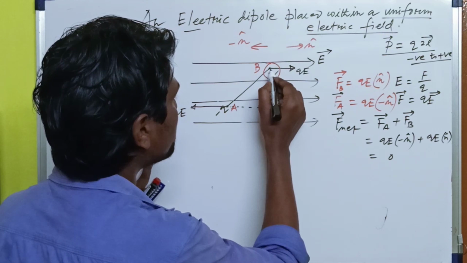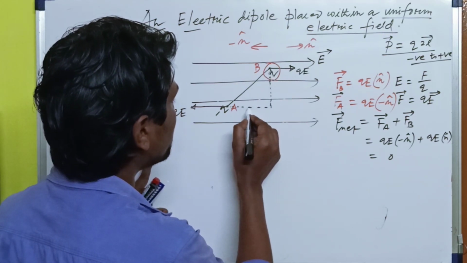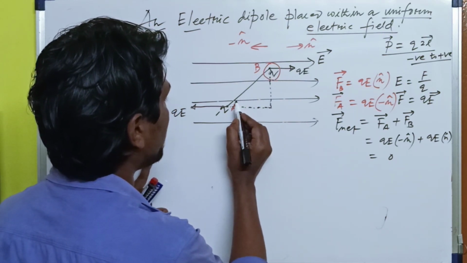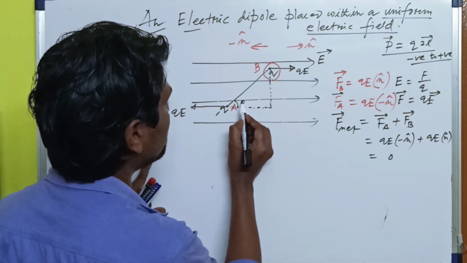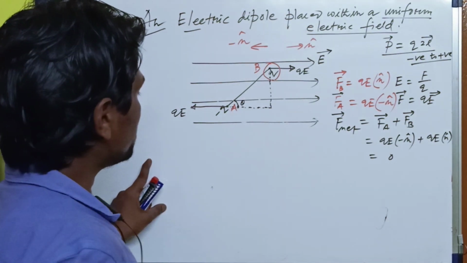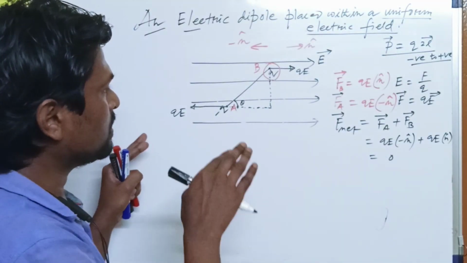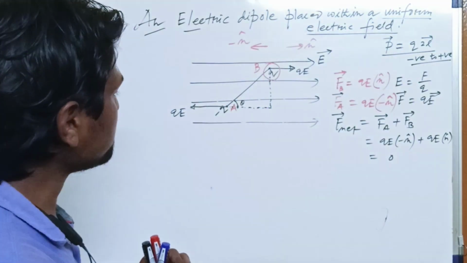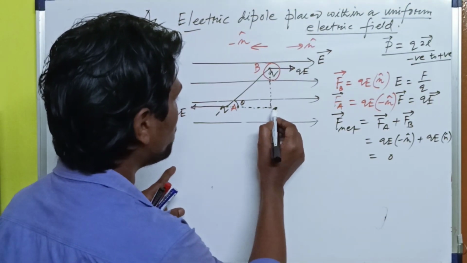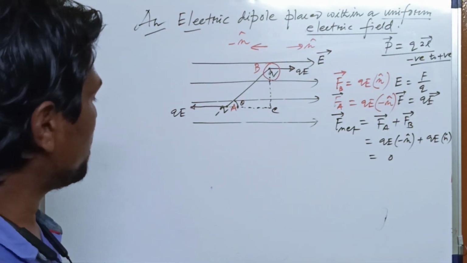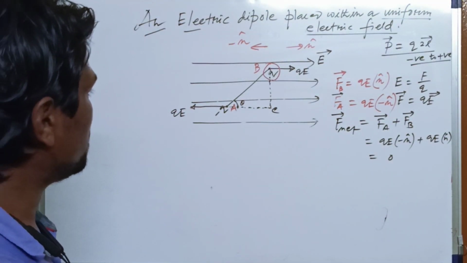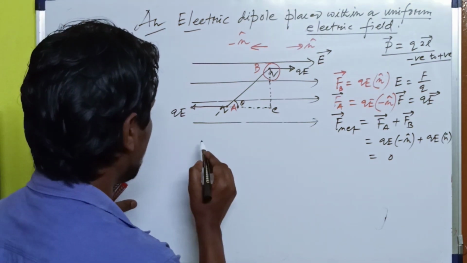So for calculating that particular value, we have to take into account the particular triangle, and this is the angle. So that particular dipole is placed at an angle theta with the electric field. So this is point C. So the torque, what is the amount of torque?